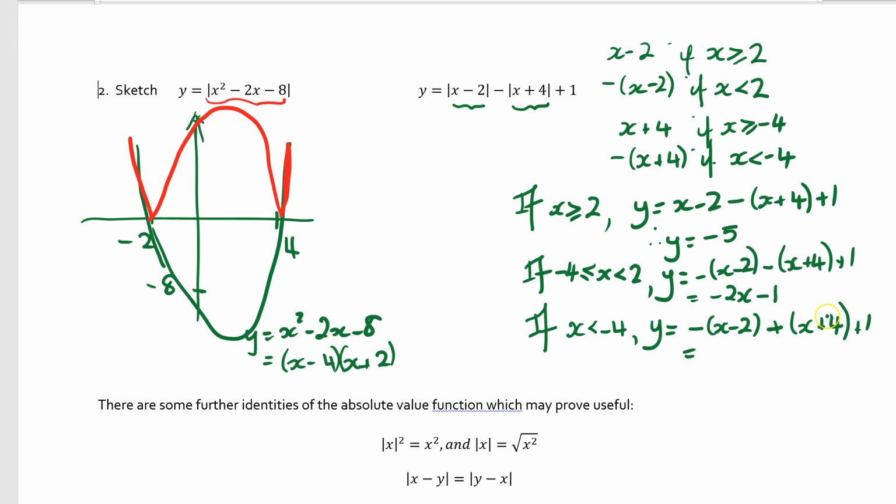That will be plus 2, plus 4, plus 1, so that's 7.